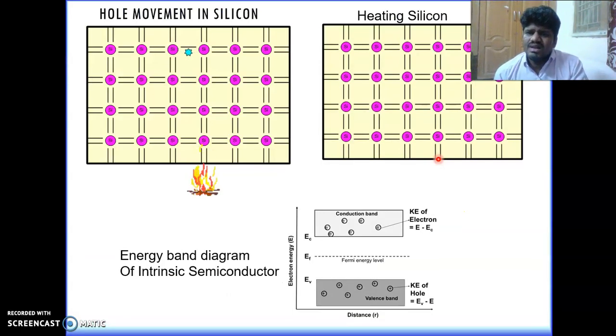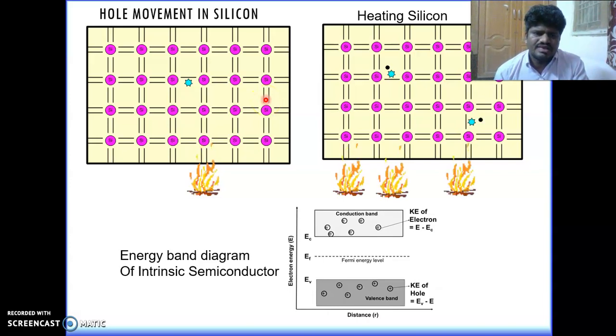Similarly, a hole also moves in the lattice, but hole movement is different from electron movement. Here the hole moves within the bonding lattice only. Now, whenever you apply energy in the form of heat to silicon or any semiconductor material, it generates both electrons and holes, as you can see in the energy band diagram.